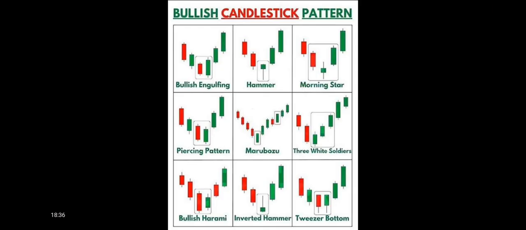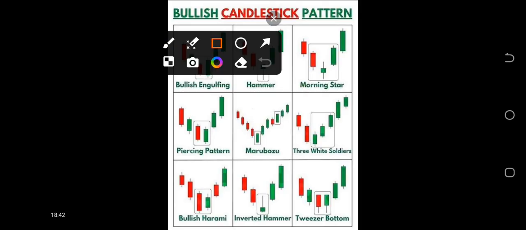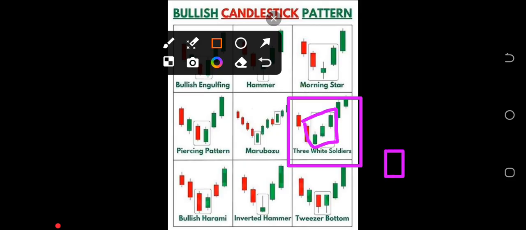I came back to this other slide because I forgot to talk about a particular pattern here. We have another one known as the three white soldiers. Look at three white soldiers. Look at them here. If you see a perfect candlestick like this in the market, it is called three white soldiers. Like if it is going up like this.